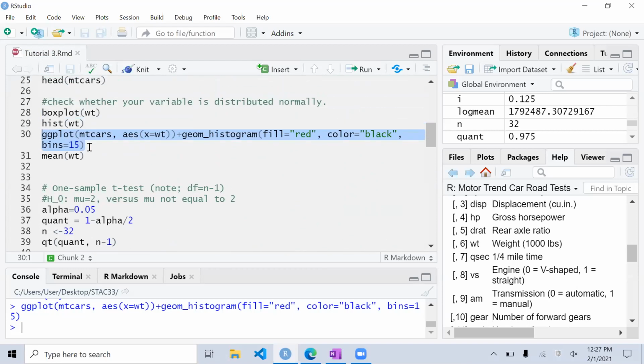So I'm going to check the mean of weight. Full disclaimer, it's really not good to look at your data before you actually perform a hypothesis test. You should not peek at the actual features of your data before you make a test, because this is a test about where you think your population parameter actually sits.